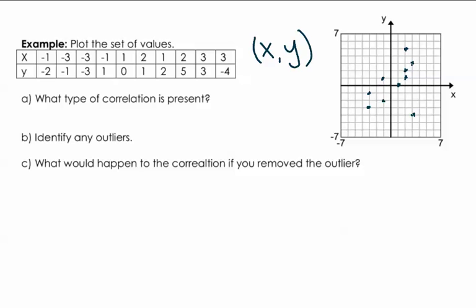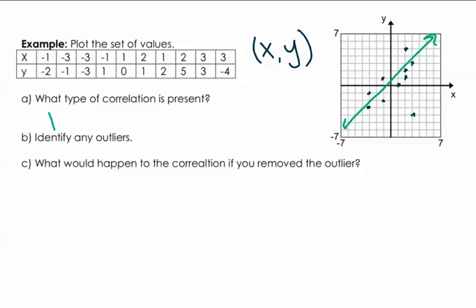Now we're going to try to figure out what type of correlation is present. If we go back to our charts that we had with the positive, negative, or no correlation, you're trying to look at this data and decide what kind of correlation, meaning is it positive, is it negative, or is there no correlation. And you can kind of see that there is a positive correlation there. We can kind of draw that line of best fit that's going to have that positive slope. So what type of correlation is present?